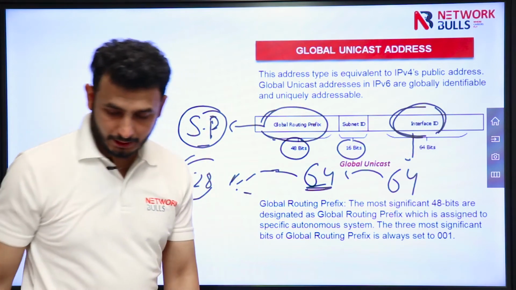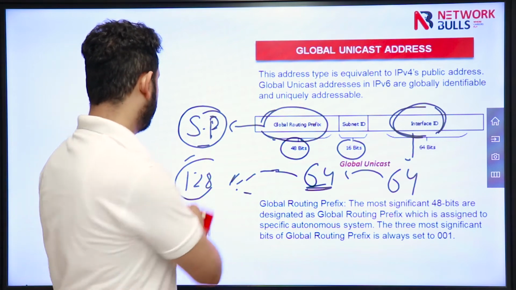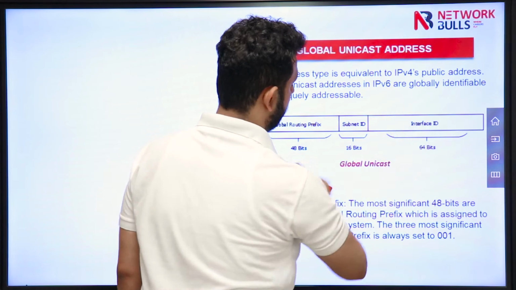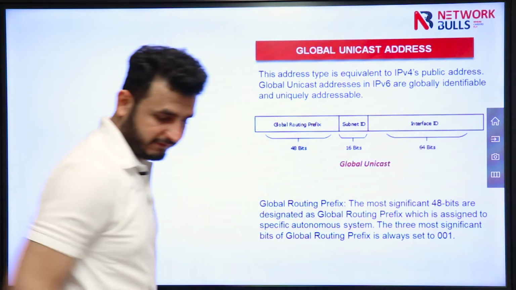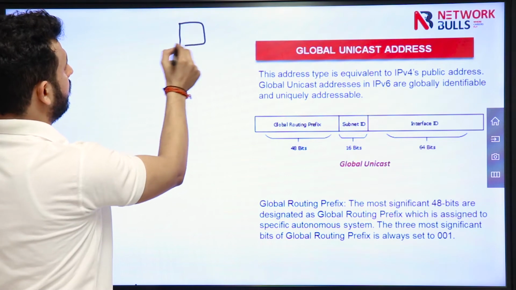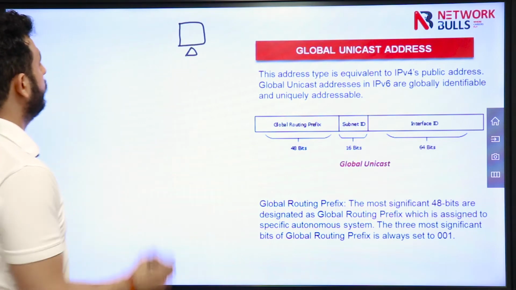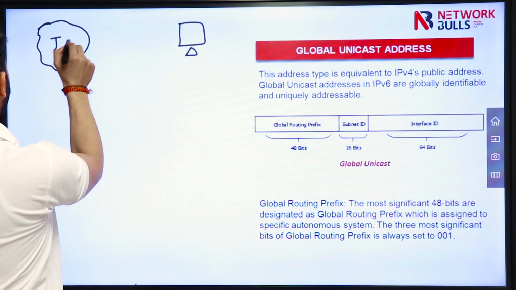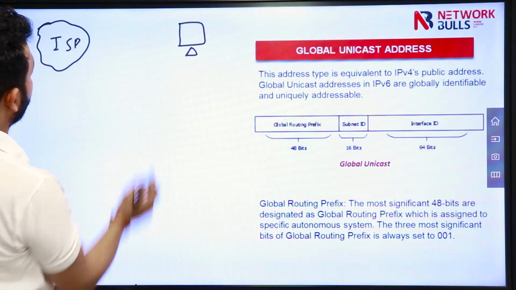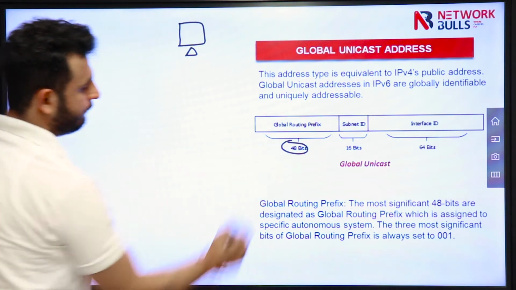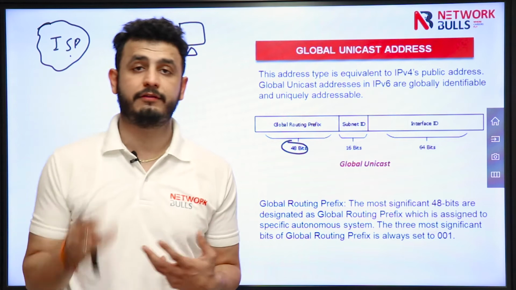So guys, I am explaining to you how this will work. Let's say this is my computer, which wants to interact with the internet. The ISP will provide me only 48 bits. 48 bits means 3 blocks.